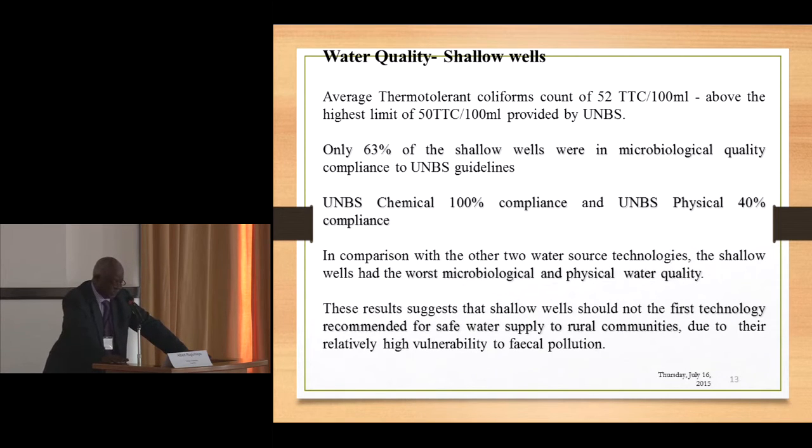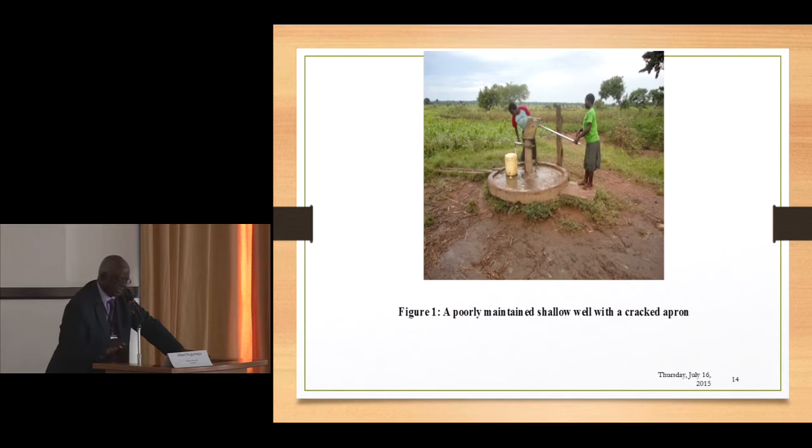Shallow wells are the least compliant, and therefore they should not be promoted unless we modify the design so as to reduce contamination. Here is an example of a poorly maintained shallow well with a cracked apron, and that is a hand pump. This is common in many parts of Uganda.